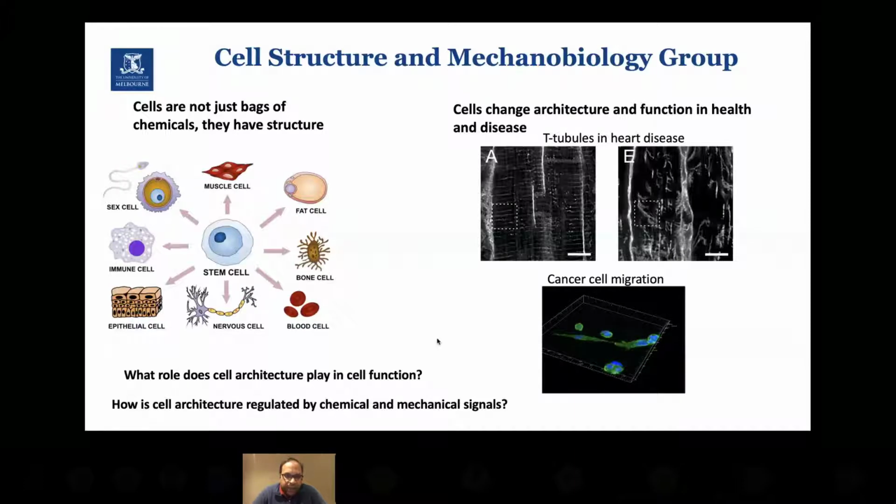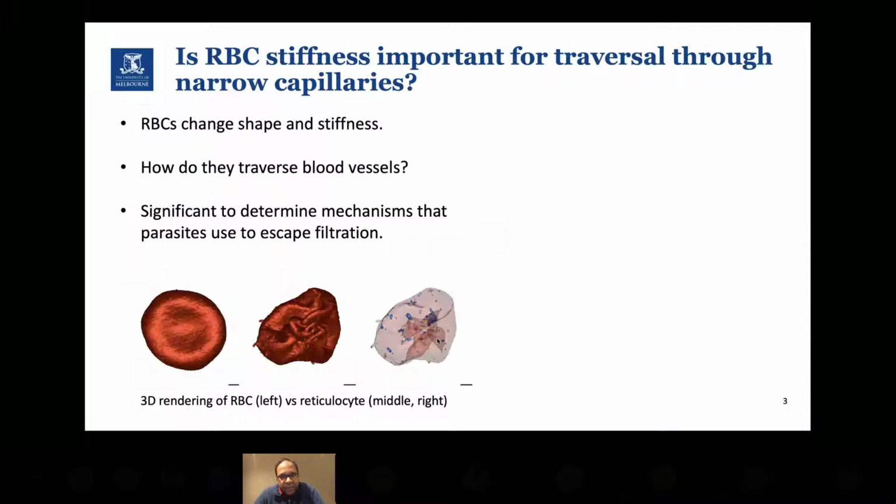Underlying all of this work that we do in understanding structure-function relationships in cells is that we couple experimental data with new computational models, based on biophysical principles, to develop our mechanistic understanding of that structure-function relationship. So let me just go through a couple of examples of how we go about doing this.